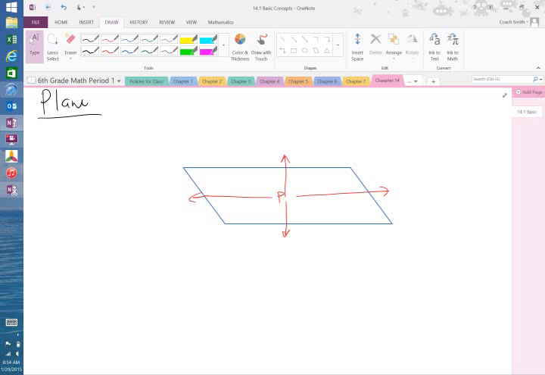Realistically, to name your plane, the easiest way is to just put the name, like this one, plane P. You can use one letter to name it. You could draw the little plane box like that if you wanted to, but it's easier just to spell the word, I think.